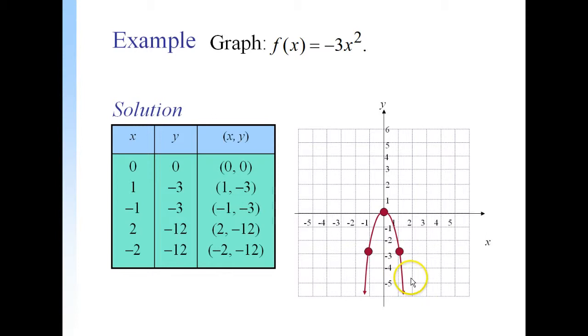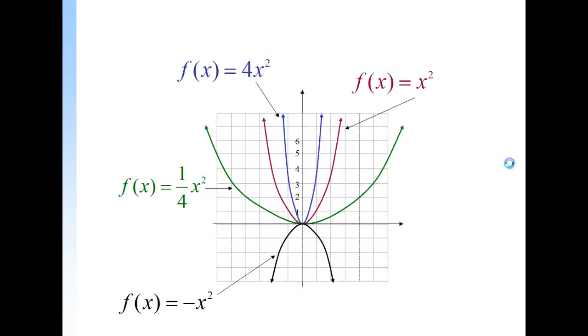Now, I don't know if you notice here, this is because of the 3, the parabola is getting closer to your y-axis. And here is a series of graphs in which they illustrate the relationship of the various shapes of the parabola.